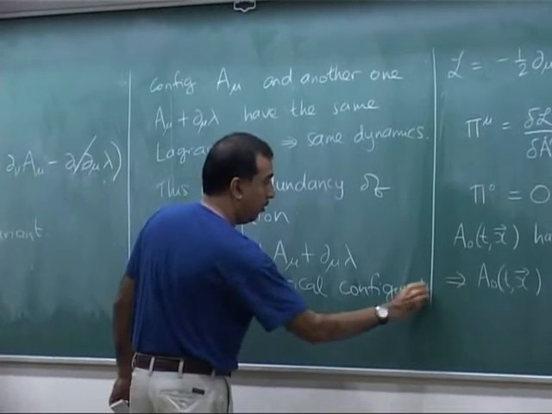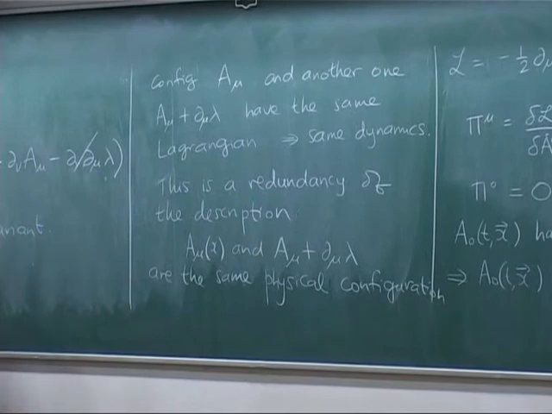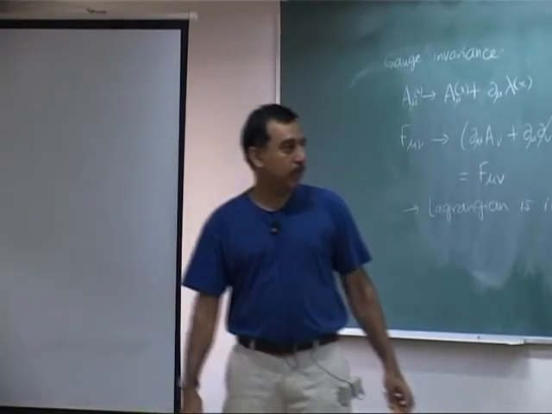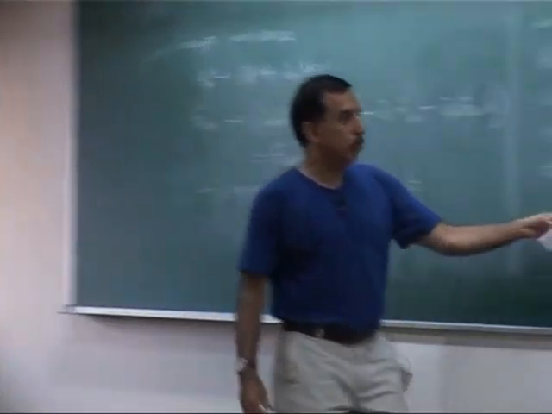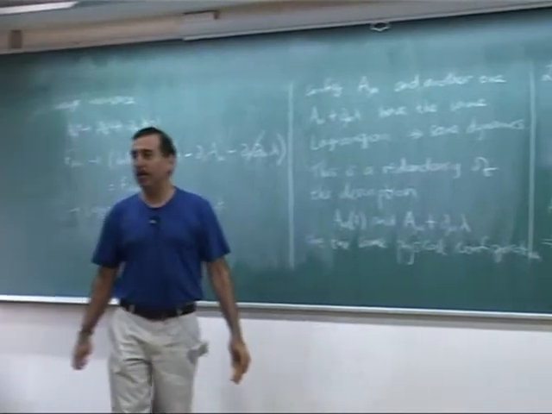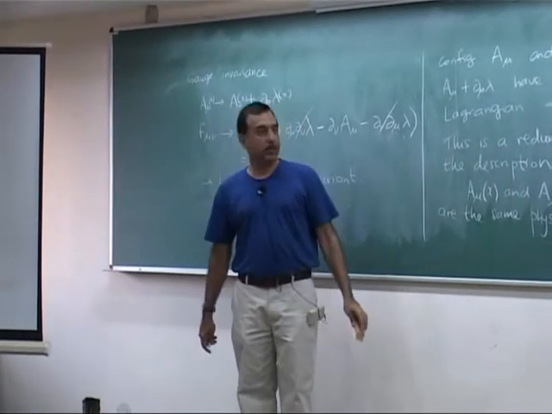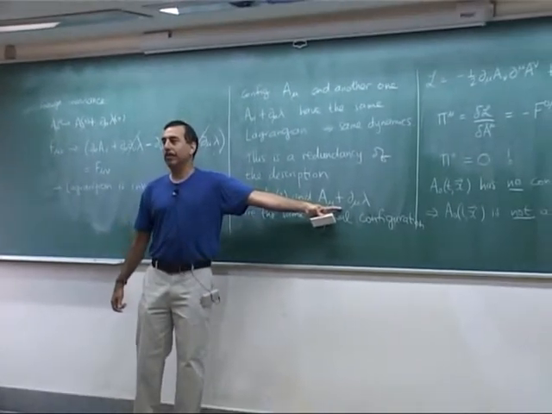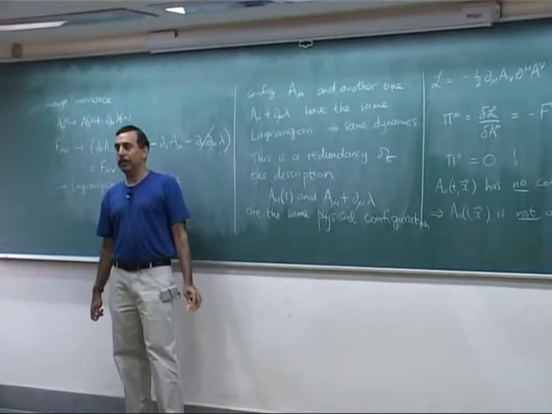Mathematically they look different, but physically they are actually the same. You have this with simple electrostatics or magnetism. Here also you can say, well, these two lead to the same f, not A. So we have to live with the fact that A mu of x is a basic field variable, as well as that A mu and A mu plus del mu lambda correspond to the same situation. Somehow we have to live with that.